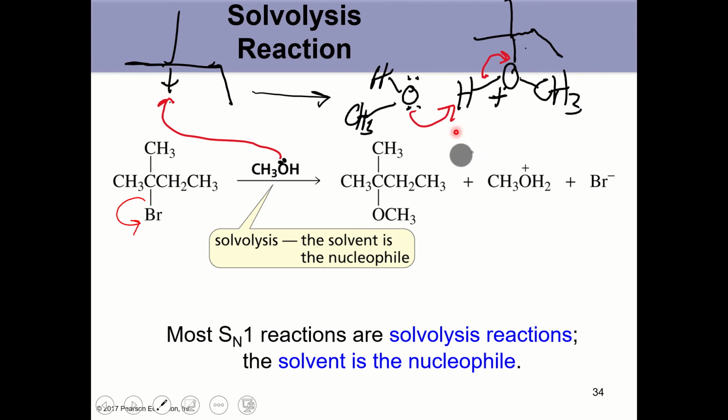We must deprotonate the oxygen to get to the ether product. The solvent will also remove the proton, using the alcohol to remove the hydrogen from the ether oxygen to give us our final product, this ether.